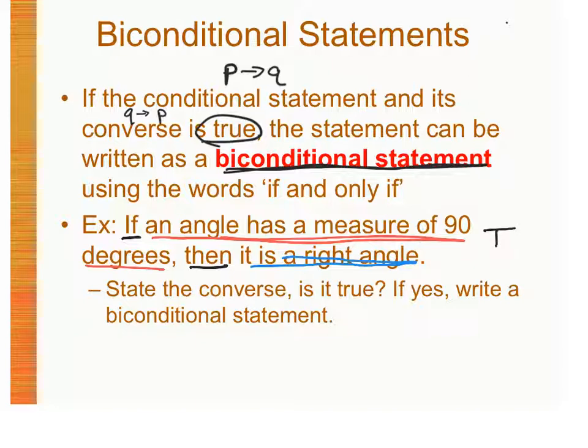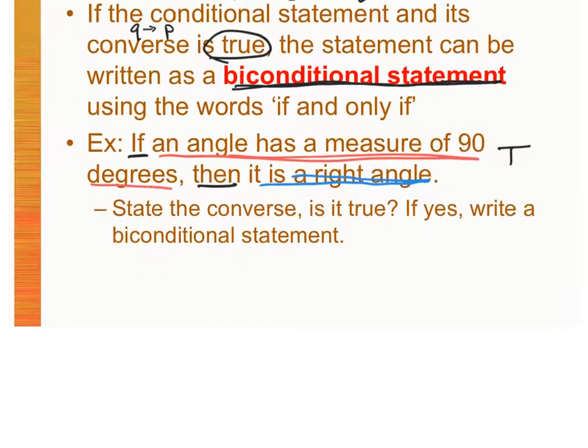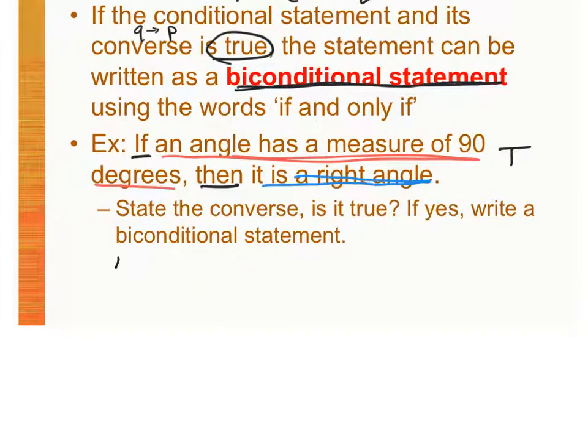So one part is true, the conditional statement is true. But now we need to see whether its converse is true, and we need to state the converse. I know it starts with if, and it's going to have a then. So what is the converse of this statement? Again, you might have to play with the words a little to make a sentence that makes sense.